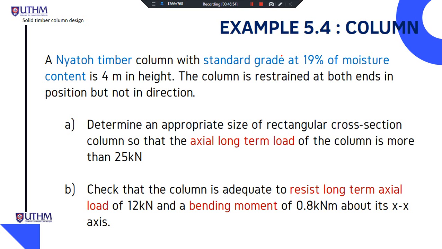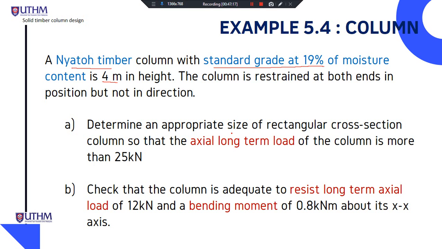Example 5.4, column. A nyatuh timber column with standard grade at 19% moisture content is 4 meters in height. The column is restrained at both ends in position but not in direction.